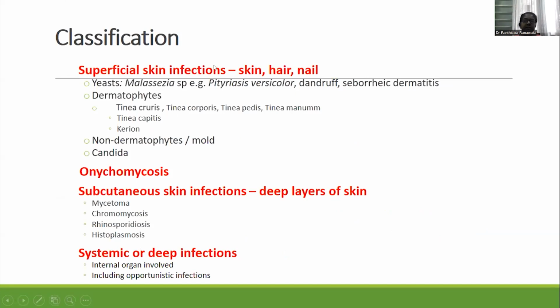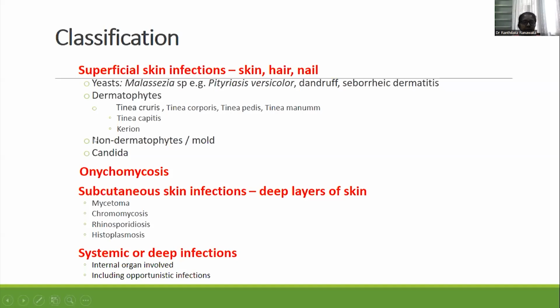So superficial skin infections, there are yeasts. Candida is also a yeast. Other than that, Malassezia, which causes pityriasis versicolor, that's aluhang, dandruff, and seborrheic dermatitis. And there are dermatophytes, tinea infections, all types of tinea infections, and Kiria.